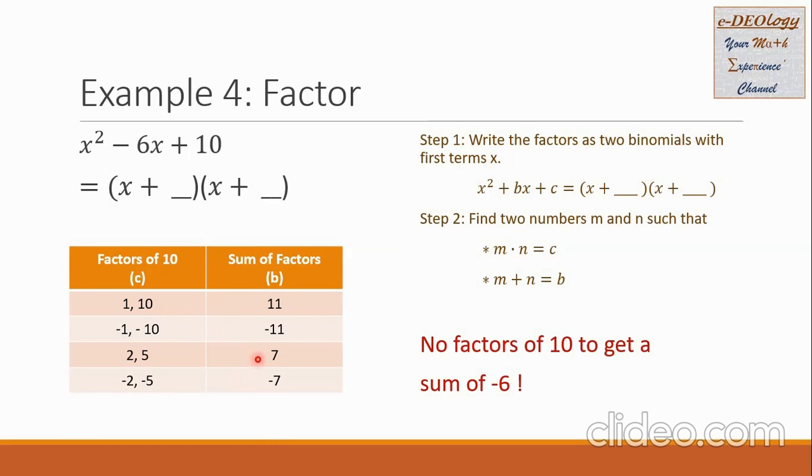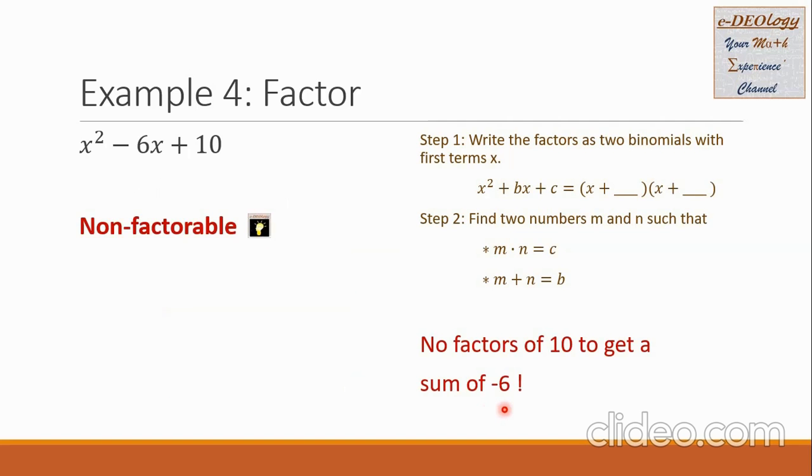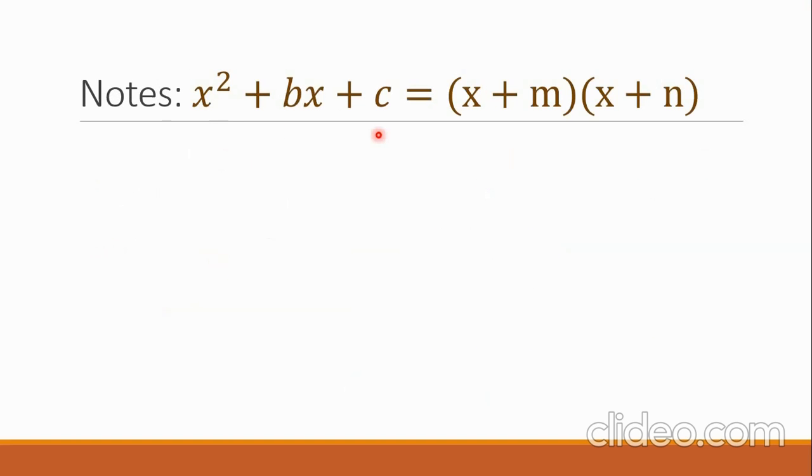As we can see here, there is no pair of factors of 10 that gives a sum of negative 6. In this case, we will say that this trinomial is non-factorable, and this will be our answer here. Let us put some notes here.